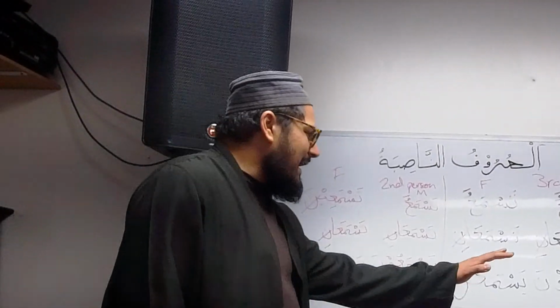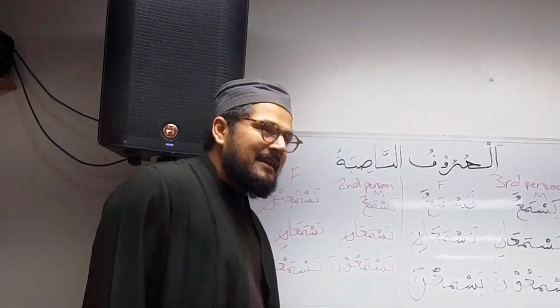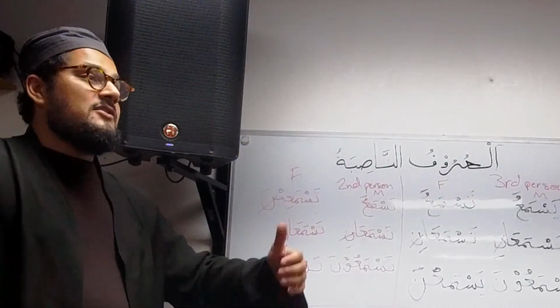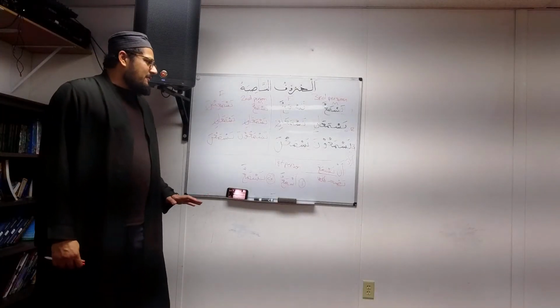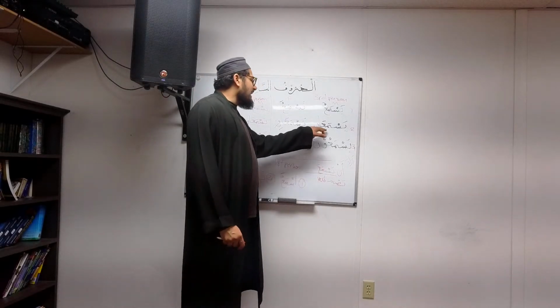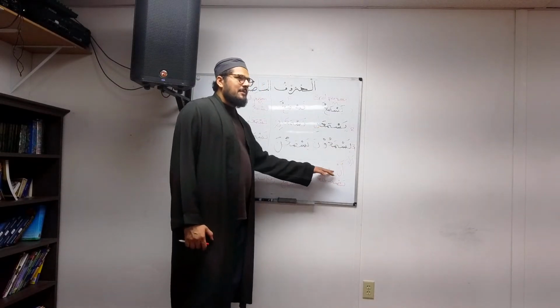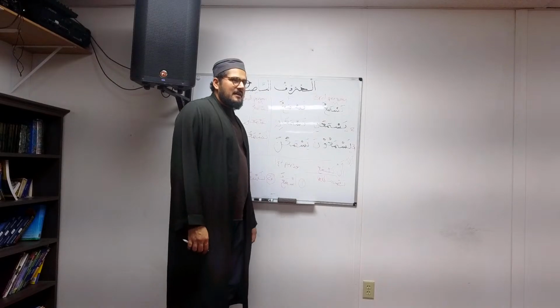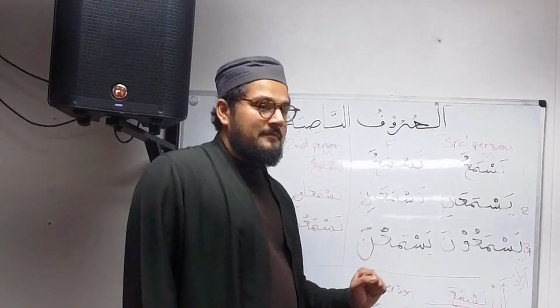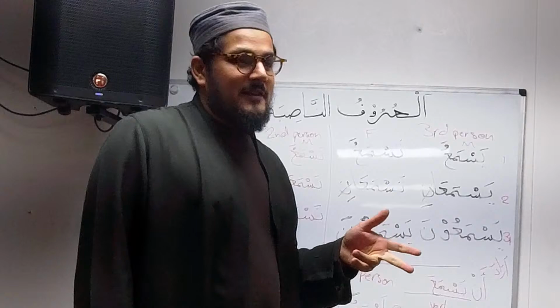So, any place we have a dual noon, ani, the noon in the nasab state just drops. So if I said, an yasma'ani, instead of saying an yasma'ani, what would I say instead? An yasma'a. I just dropped the noon in the nasab state.